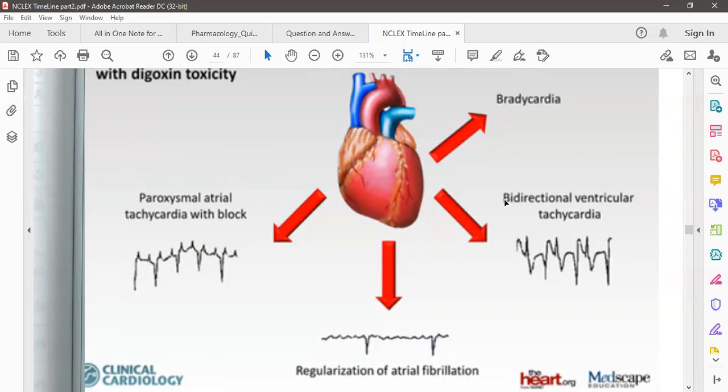Sometimes bidirectional ventricular tachycardia, or regularization of atrial fibrillation, or paroxysmal atrial tachycardia with block.